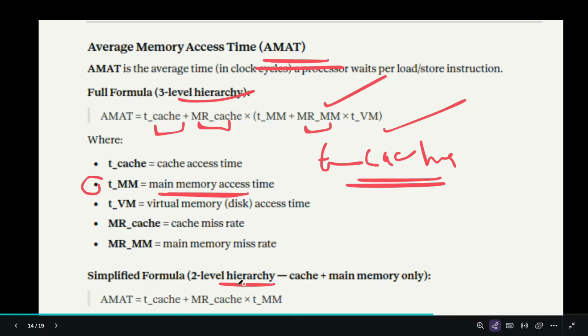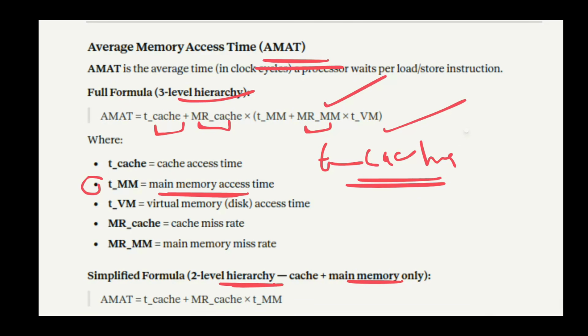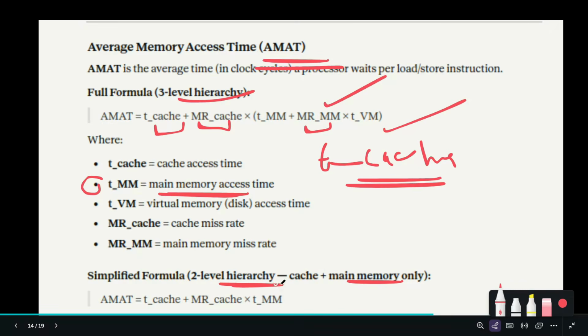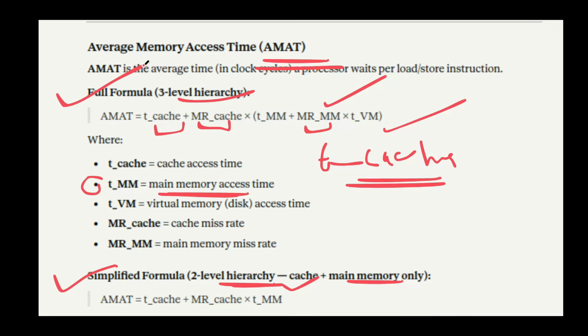But in the 2-level hierarchy, where only cache and main memory are involved, it is T of cache plus miss rate of cache into T of memory. We do not have the miss rate of main memory because we are only calculating the cache and the main memory here. So this is the 2-level hierarchy's AMAT formula, and this is the 3-level hierarchy's AMAT formula.